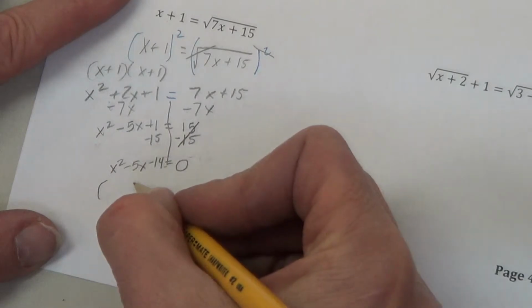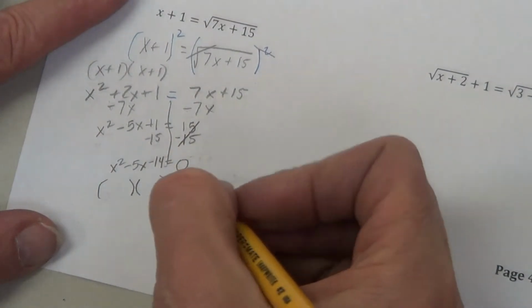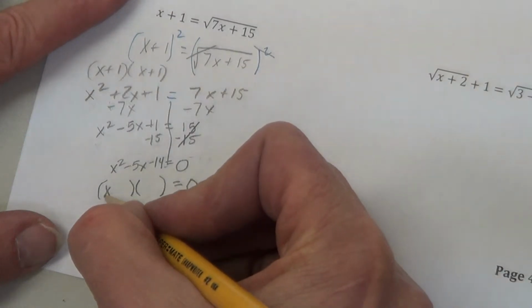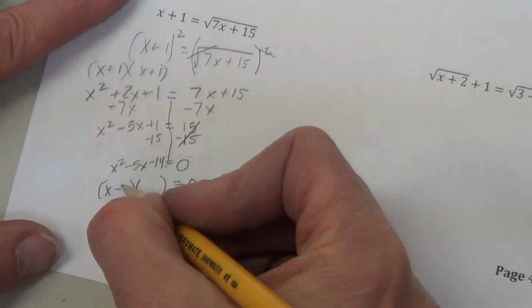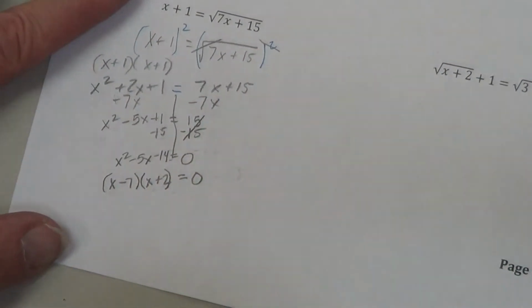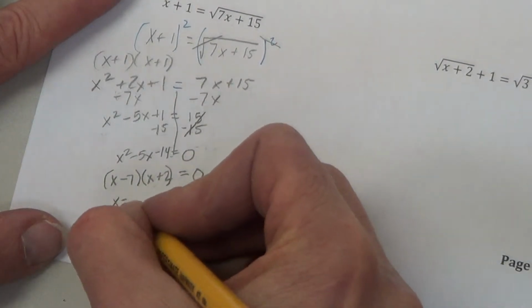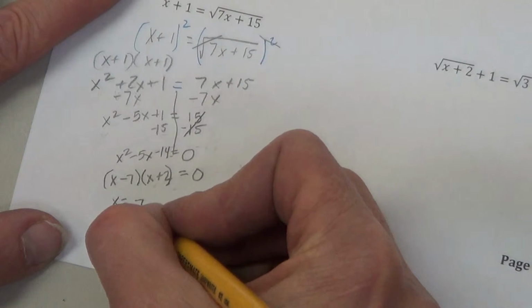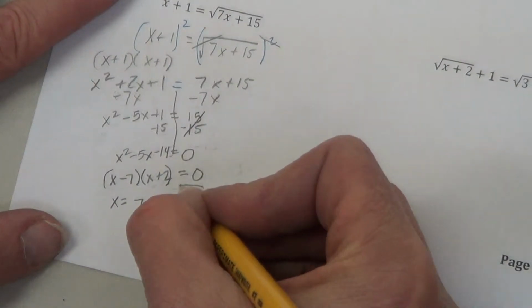You can do the shortcut and put your factors straight into your binomials, which would be negative 7 and positive 2, which tells us that we have x equals 7 or x equals negative 2.